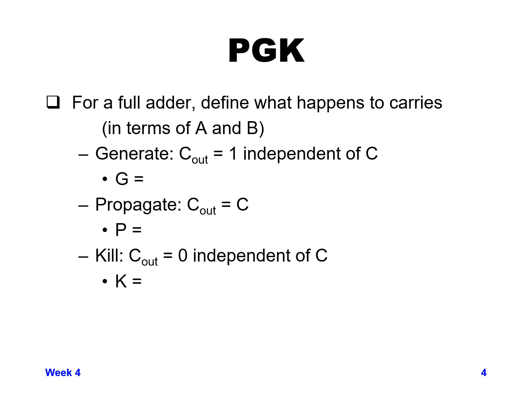So for generate, we can generate a carry out immediately if A and B is true, the logical value of A AND B. So we can create this other intermediate value called G that is the value of A AND B. And so if we know that G is true, we can send a carry out immediately. We don't need to wait for carry in to come in.